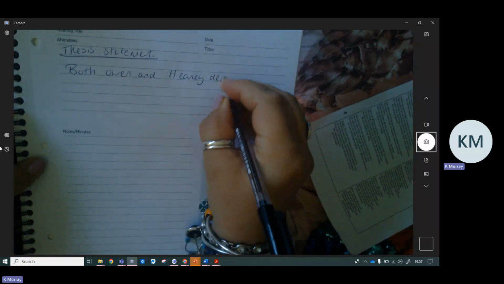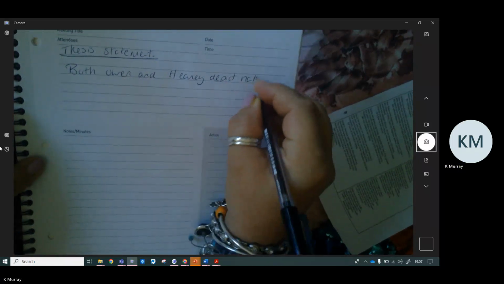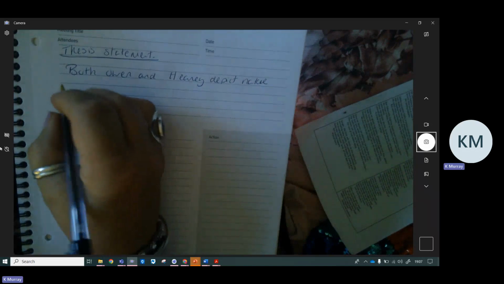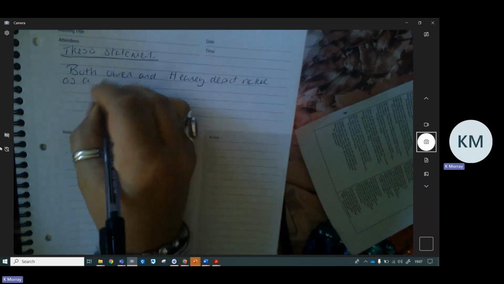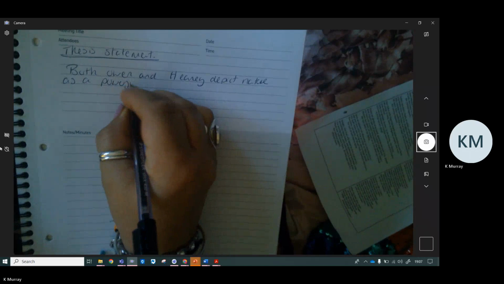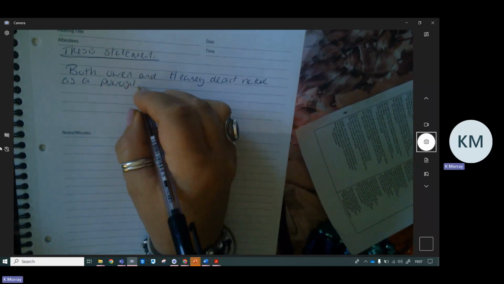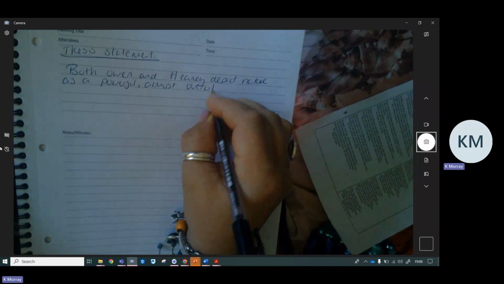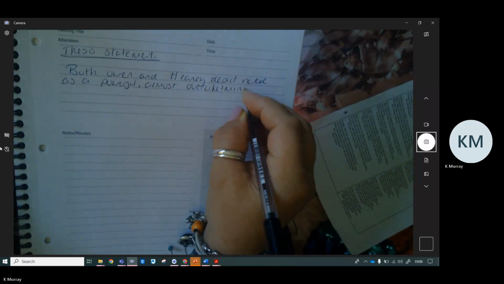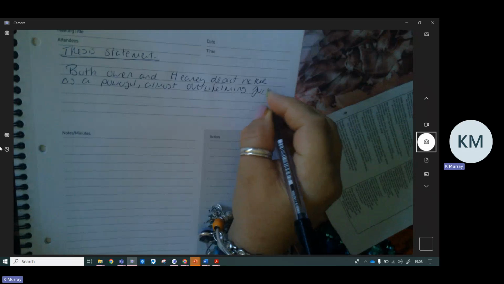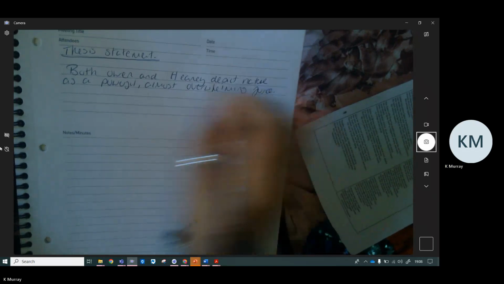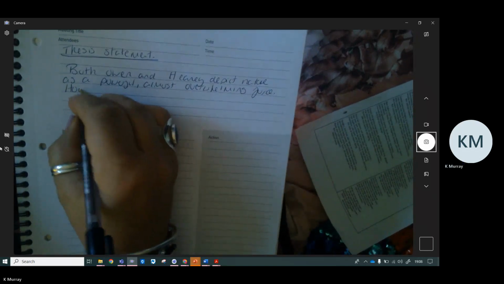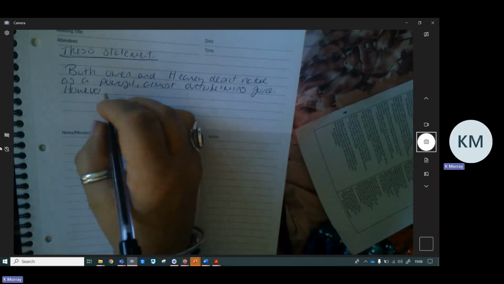So both Owen and Heaney depict nature as a powerful and almost overwhelming force. However, so they both do that.